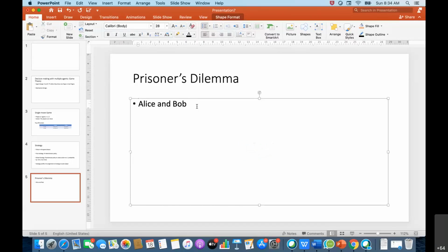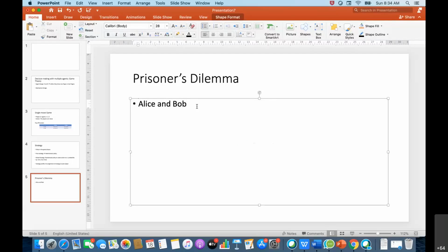Now, these two prisoners are being interrogated by police officials in two separate rooms. For a particular crime, Alice and Bob are the probable suspects, and they are being interrogated in two different rooms.